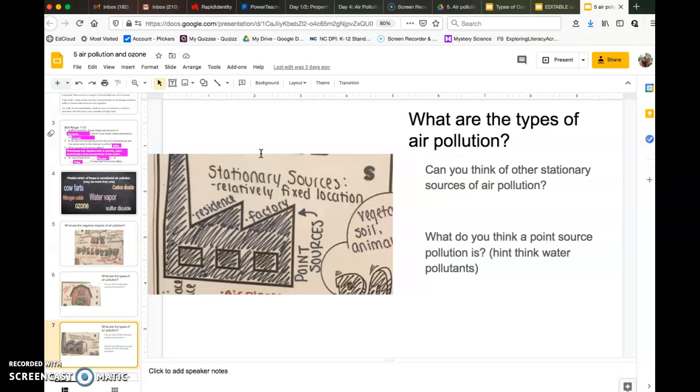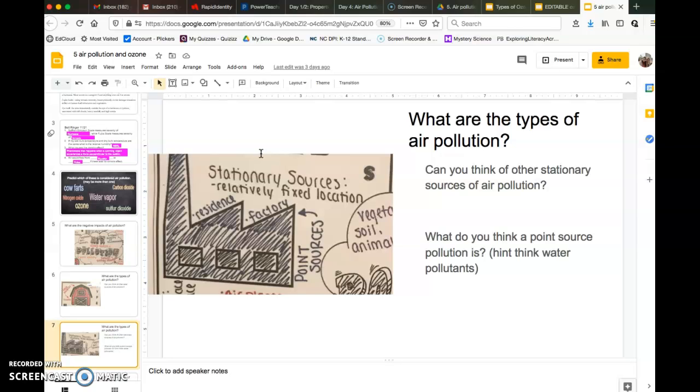Moving on, some of the ones we talked about before in the slide can also fit into this category, but another type of air pollution that we have is called stationary sources. So they're relatively fixed in location, they're not moving. These things can be housing residences, factories, and often we identify these as point source pollutants.